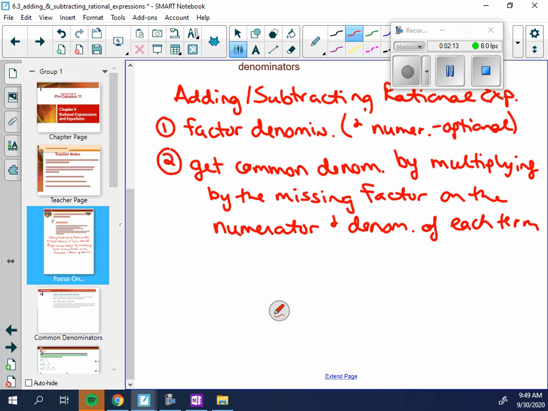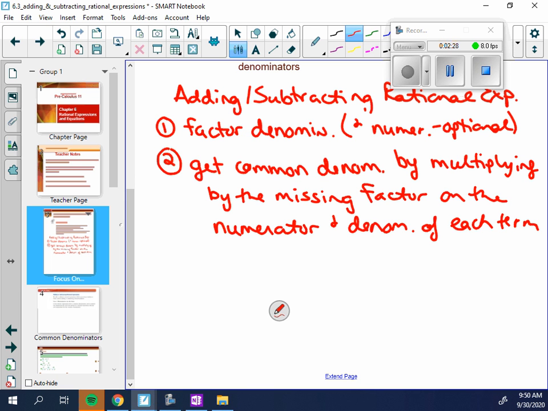Okay. You can keep your denominators, because now that they're common and we keep them the same, they can stay factored. Okay. But the numerators now cannot stay factored anymore, because they're going to be added together.